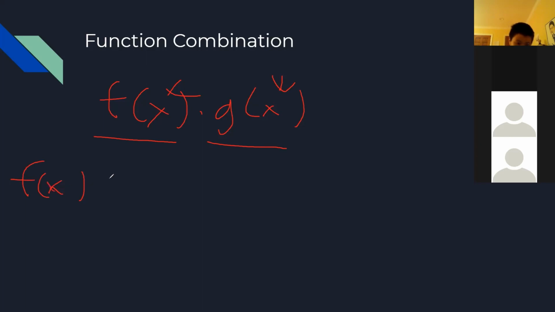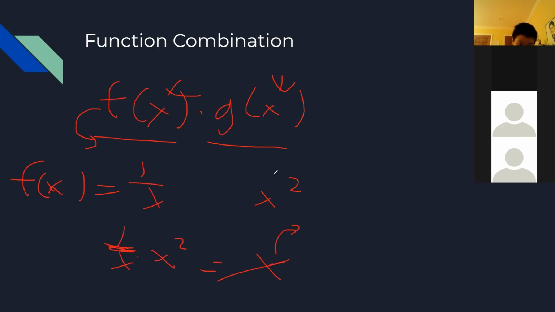If f(x) is 1/x and g(x) is x squared, then 1/x times x squared. However, there's a pitfall here. If we were to simplify, this would be x. However, f cannot have an input of 0. Its domain does not allow that, which is not reflected in this answer.